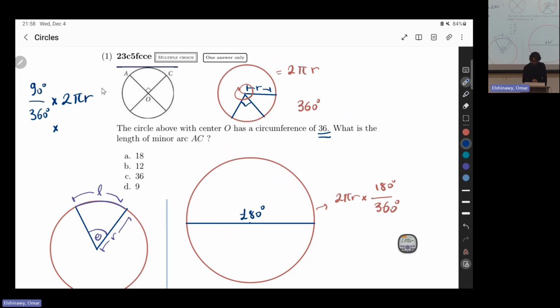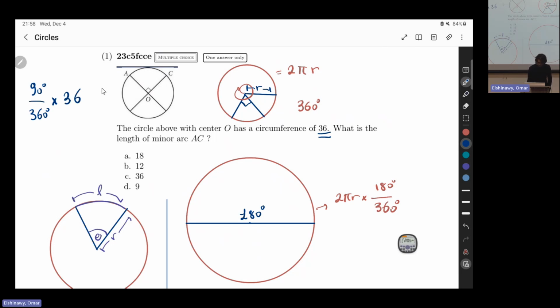So it's 90 divided by 360 of the whole outer fence. What's the whole outer fence? It's the circumference. What's the circumference? 36. So you don't really need to write 2 pi r. You're given 2 pi r for free. So you just write 36.